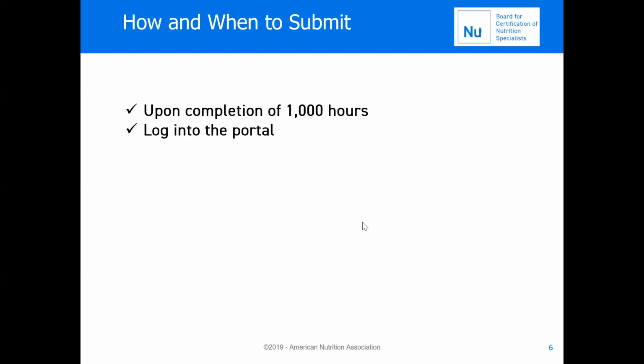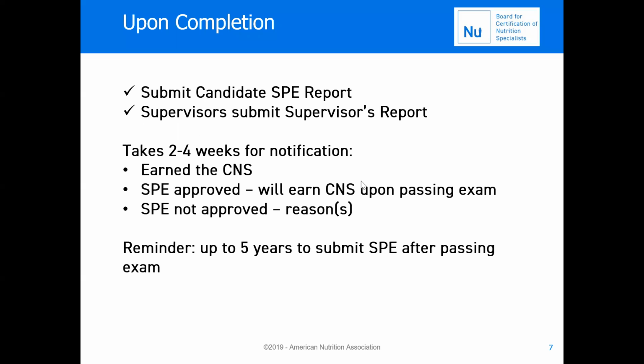While you're in the portal, you'll be able to see at the top of the Forms page the documents that you have successfully submitted to the portal. And then your SPE application is complete when we have received your candidate SPE report and then your supervisor's report.